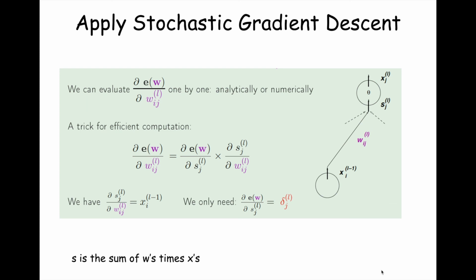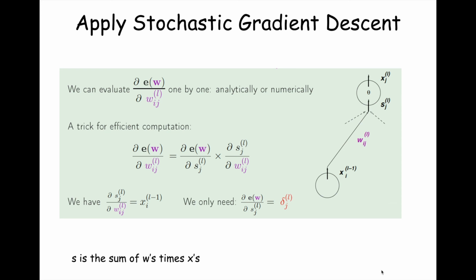Okay, so we want to evaluate the partial derivative of the error at the output with respect to each one of the weights. And we know that there's a linkage between the output error and each one of the stages, each one of the nodes or edges that we traverse when we go backwards in the network.